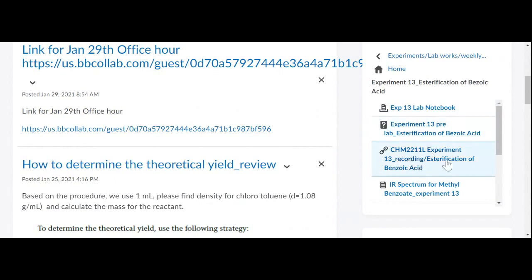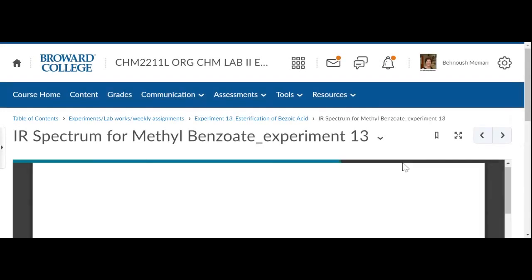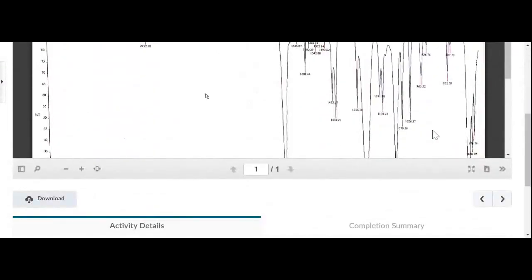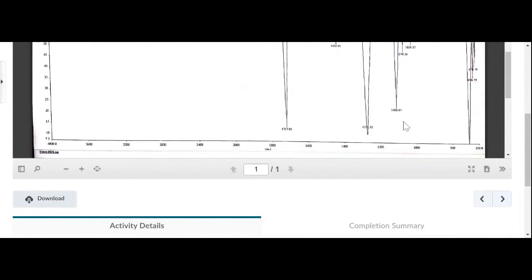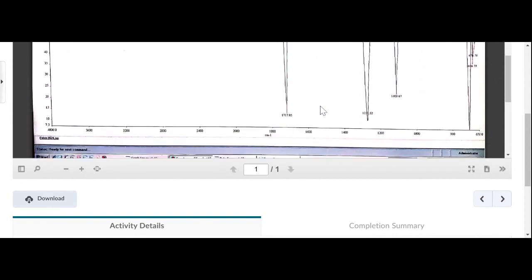After the video link, there's the IR spectrum. The IR spectrum looks like this diagram here. This is for the methyl benzoate, the ester.